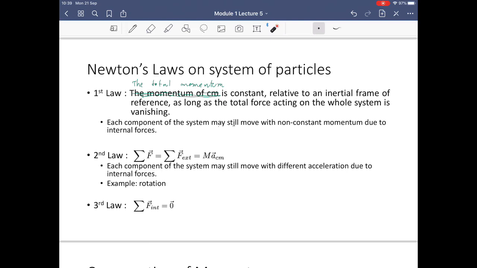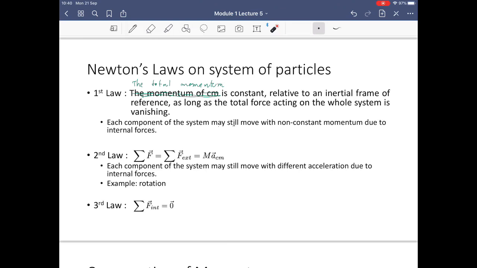Each particle within the system may still have different acceleration, but if you sum them over and find the average acceleration, what you will find is that the acceleration of the center of mass, which is the representation of the whole system, would have this relationship: the total force is equal to the total mass multiplied by the acceleration of the center of mass.